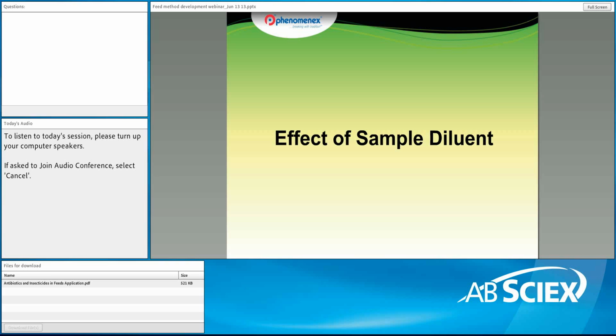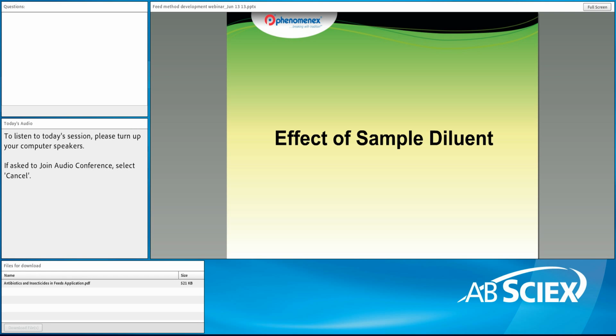So if you've followed us to this point, our effort has been to figure out some form of a stable situation for these analytes so they can be analyzed while waiting in the sample vial.